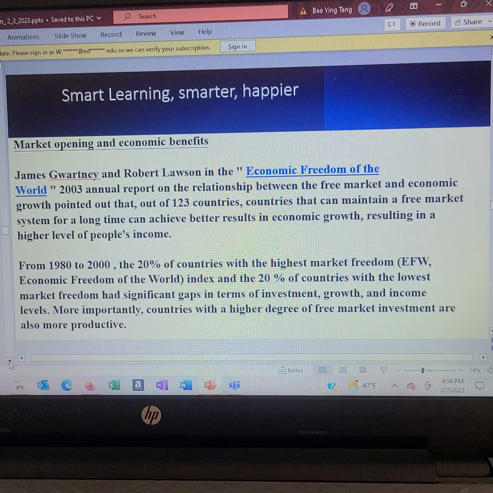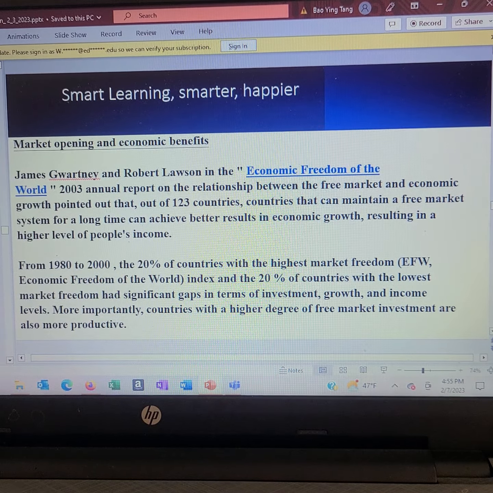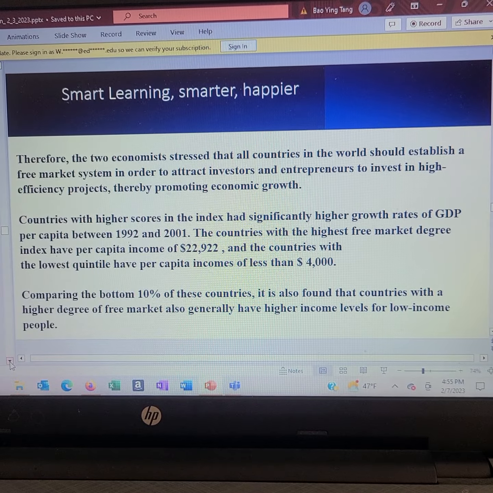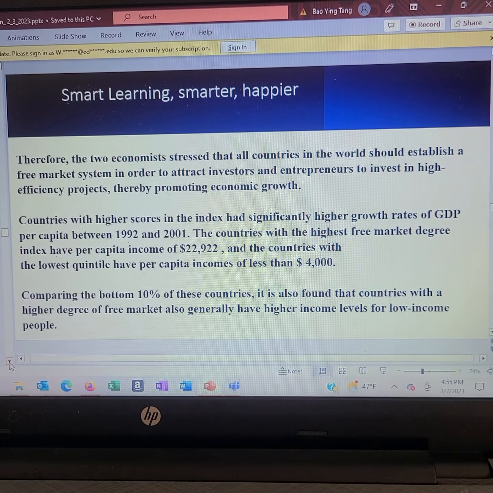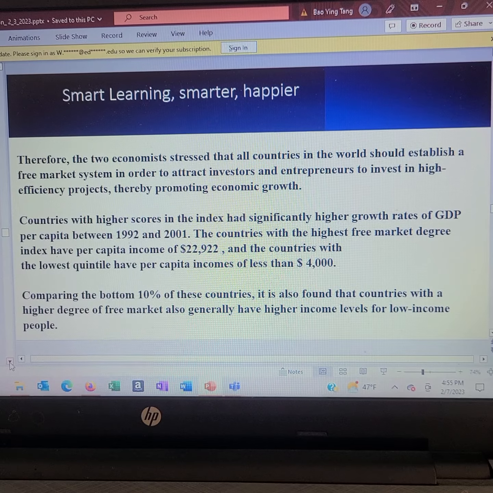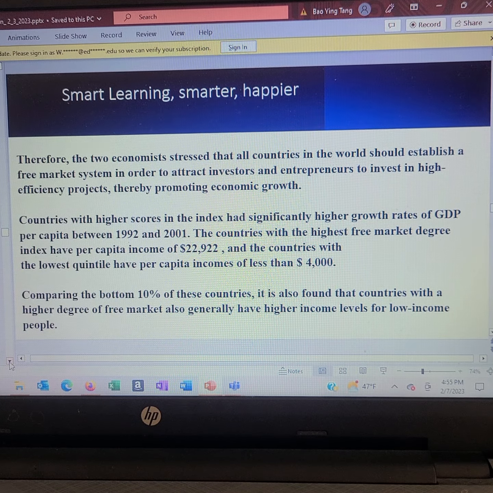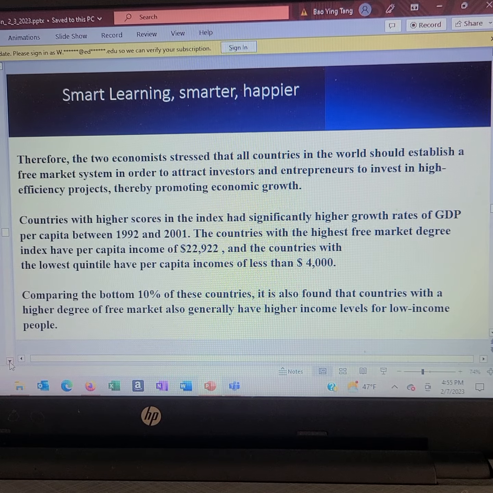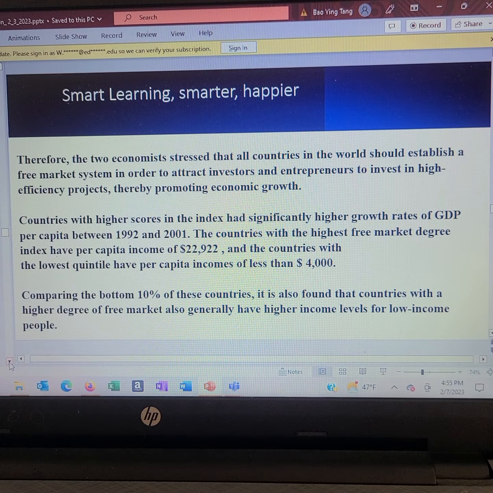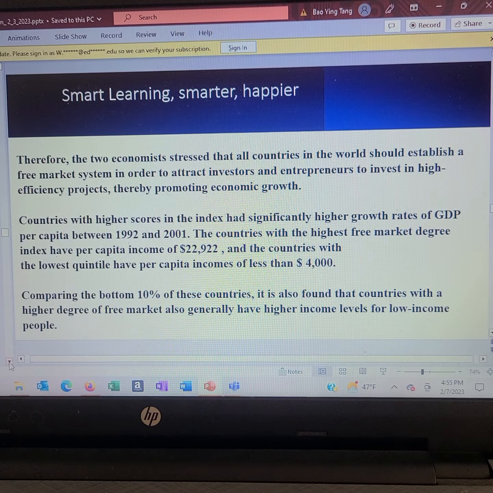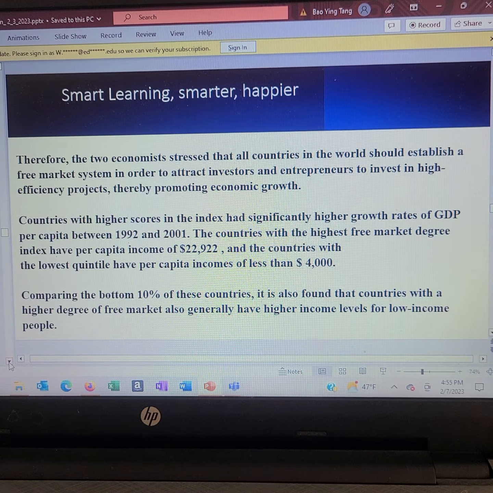More importantly, countries with a higher degree of free market investment are also more productive. Therefore, the two economists stress that all countries in the world should establish a free market system in order to attract investors and entrepreneurs to invest in high-efficiency projects, thereby promoting economic growth.